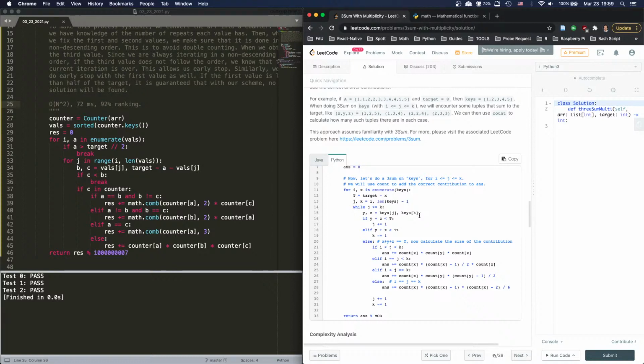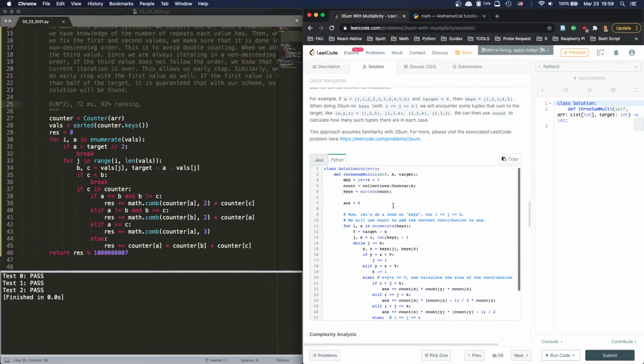Yeah, it's the same thing. IJK, it's sorted. I don't think this is as good as using XYZ directly. It's the same because they're based on keys, which is sorted, right? So the IJK, they're in the same order as XYZ.